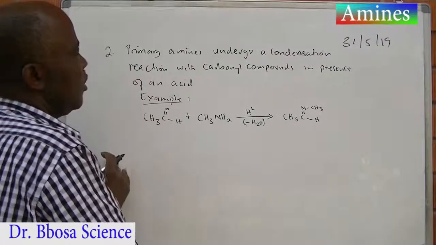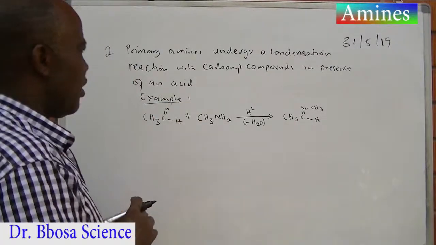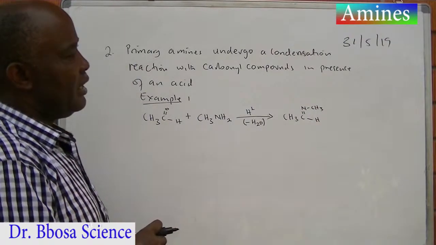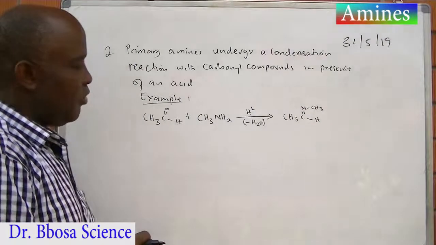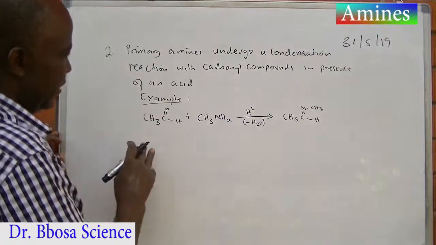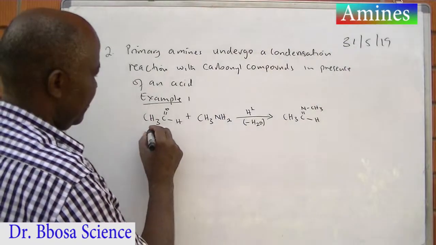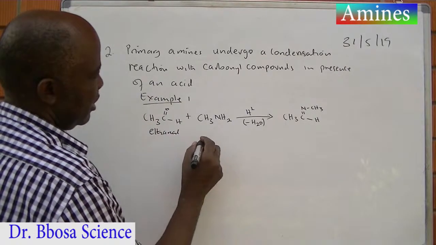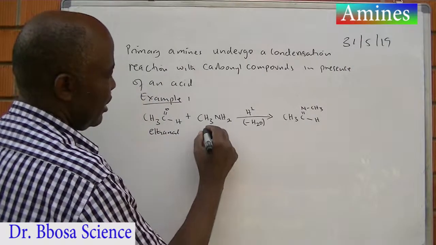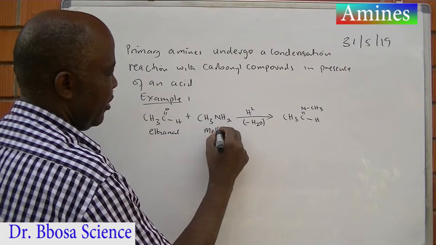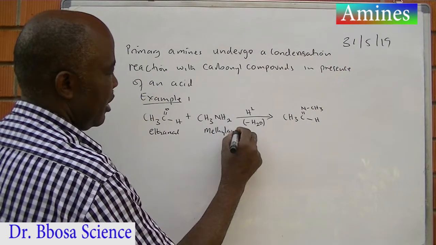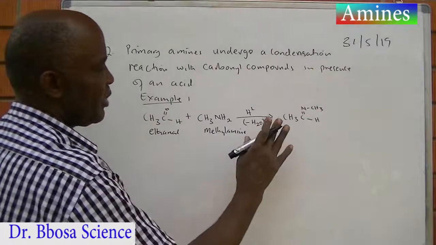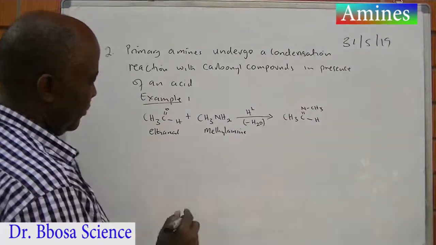2. Primary amines undergo condensation reaction with carbonyl compounds in the presence of an acid. For example, ethanal condenses with methylamine to form an imine.